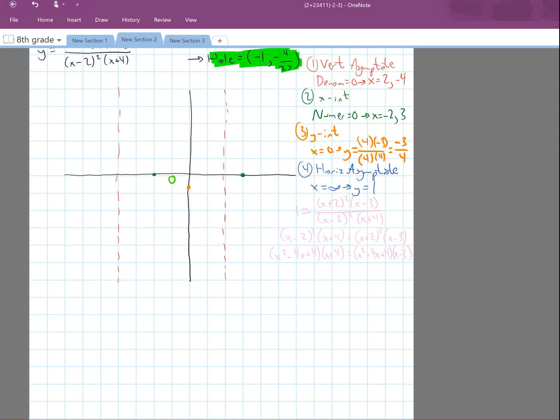You can do this in any order you want, but you would get x cubed minus 4x squared plus 4x, plus 4x squared, plus 4x squared minus 16x plus 16.